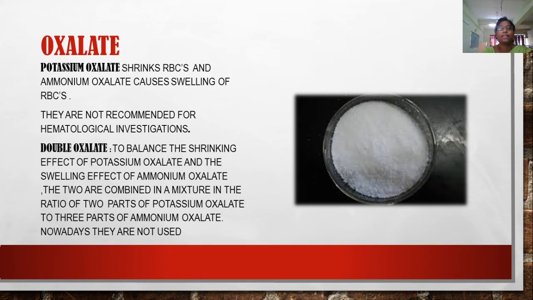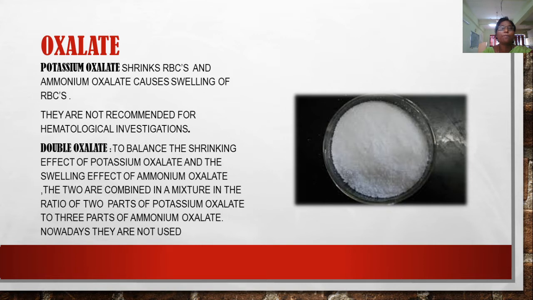Double oxalate. What is double oxalate? This double oxalate contains potassium oxalate and ammonium oxalate. Potassium oxalate shrinks RBCs and ammonium oxalate causes swelling of the RBCs.